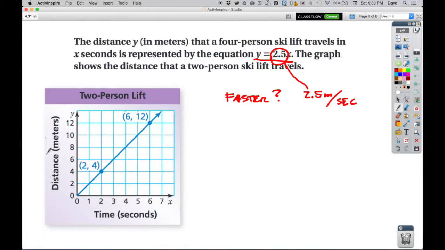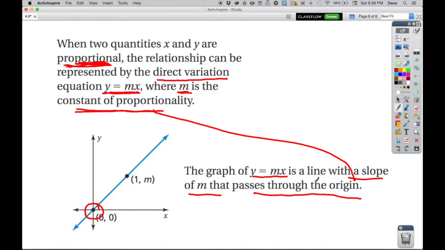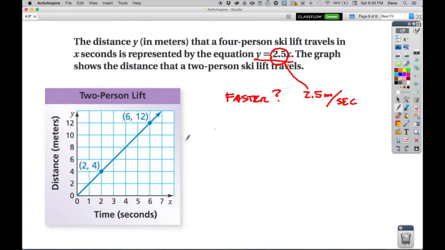Now, where do I find that information if it's graphed and not given to us? Well, once again, this goes back to our definition. Right here. That constant of proportionality, m, when it's in a word problem, is also the slope, m, when we're talking about a graph. So if you take a look here, our graph, let's say I go from this point to this point, has a slope of, let's see, this graph goes by 2's on this axis.